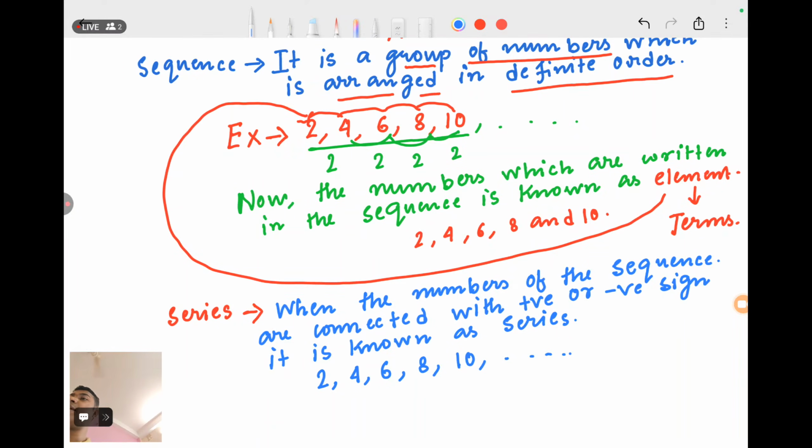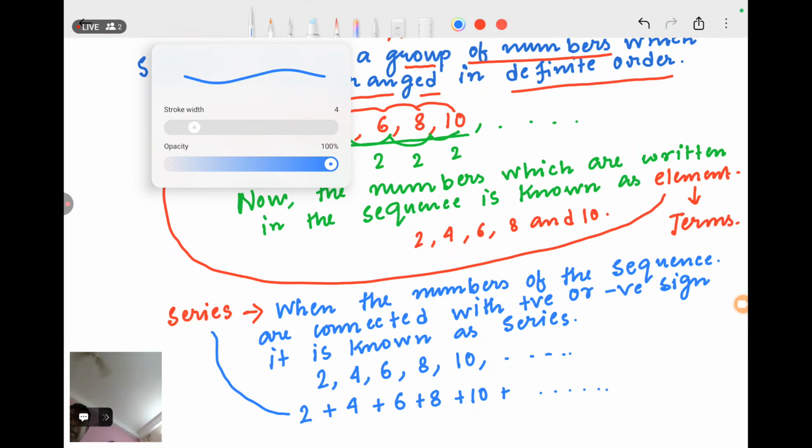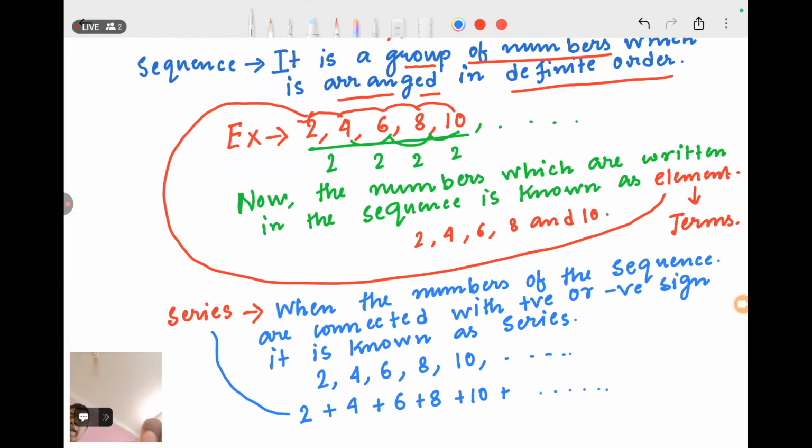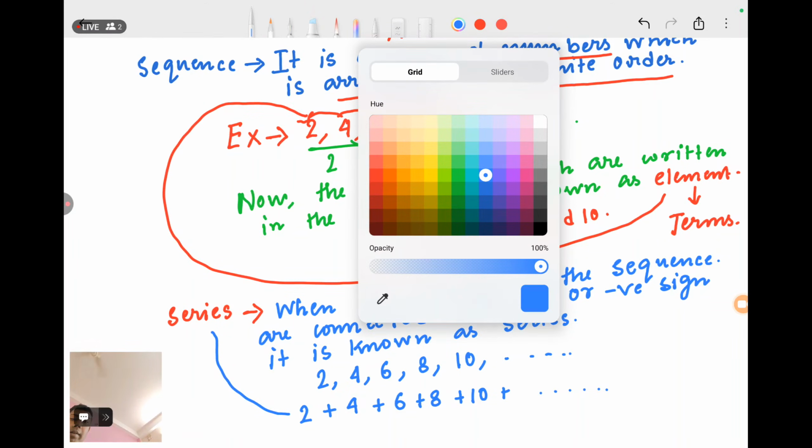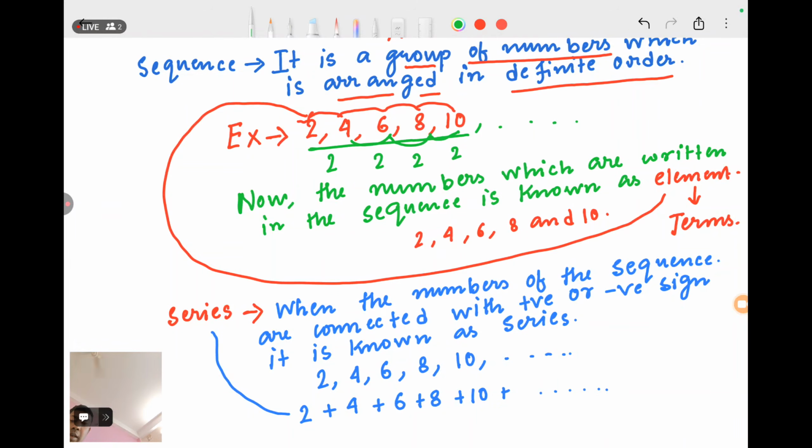When these numbers are connected with a positive or negative sign, like 2 plus 4 plus 6 plus 8 plus 10 and so on, it is known as a series.